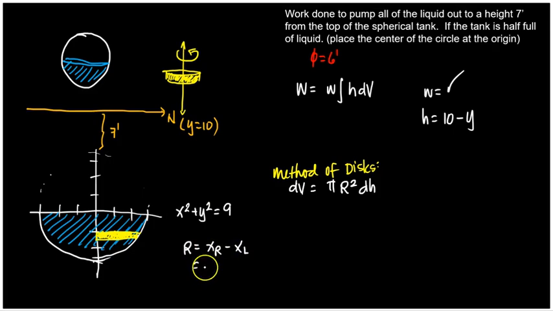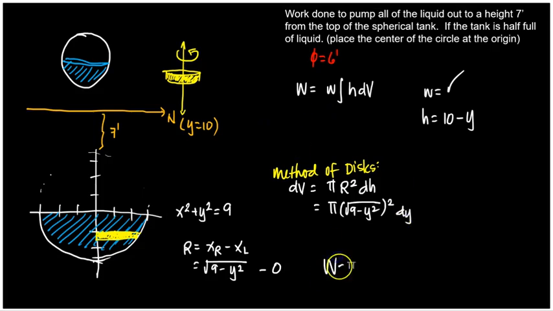What's x of the right? It's the square root of 9 minus y squared, minus the left is 0. So this one gives us pi times the square root of 9 minus y squared, squared, dy. The equation for work would be w integral.